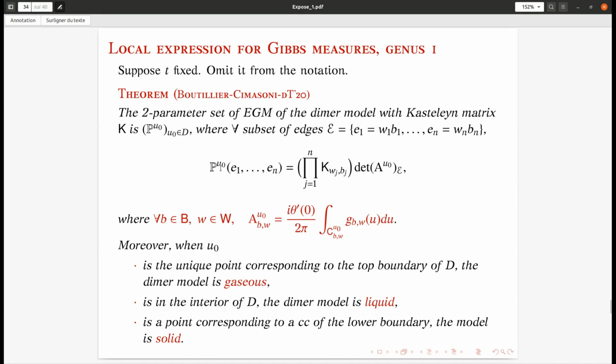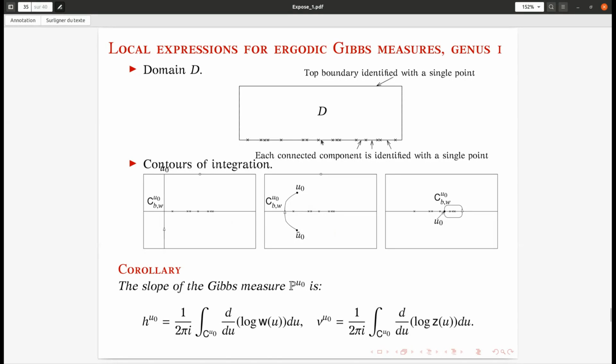And the point u0 should be understood as a parameter in this formula, and it encodes the point of the phase diagram where you're at. So here is half of the domain of the torus, and it's another way of seeing the phase diagram of the dimer model. So depending on where u is in this domain, you will have different types of contours of integration and different phases. Okay, so you should think of this domain as being the phase diagram.